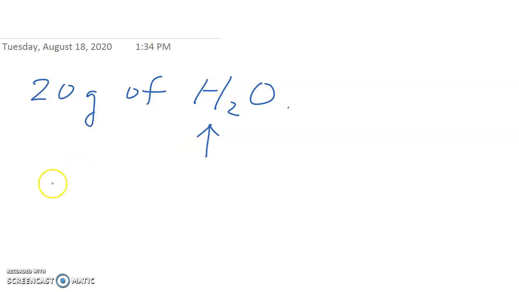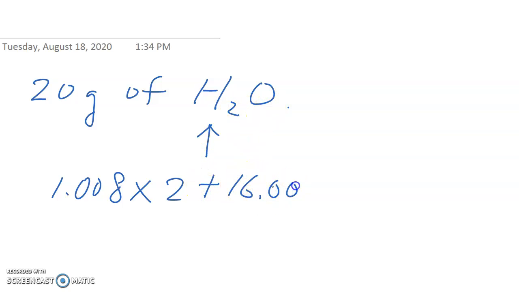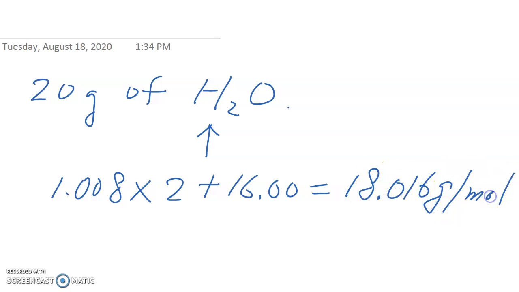And that is, for atomic weight of hydrogen, that's 1.008 grams per mole times 2, these two I get it from here, plus oxygen, that is 16.00 gram per mole. So if I do that, multiply by 2 add 16, I get 18.016 grams per mole.